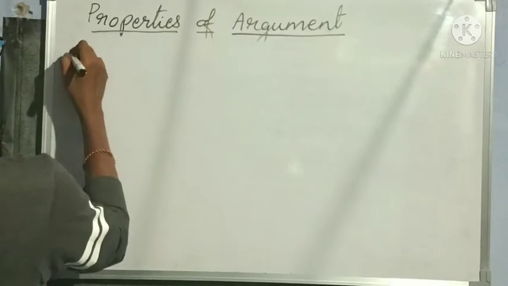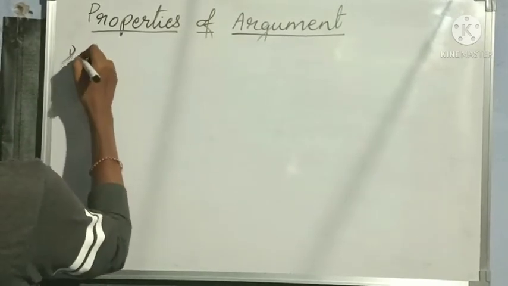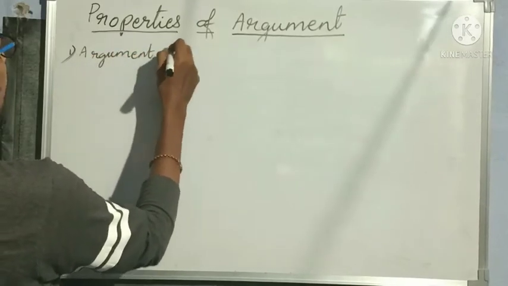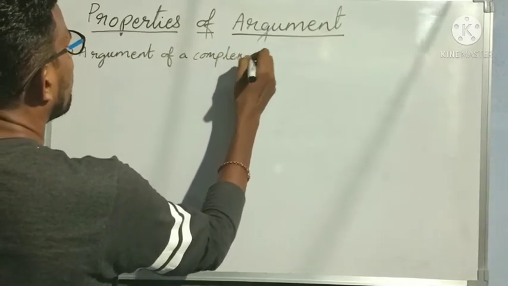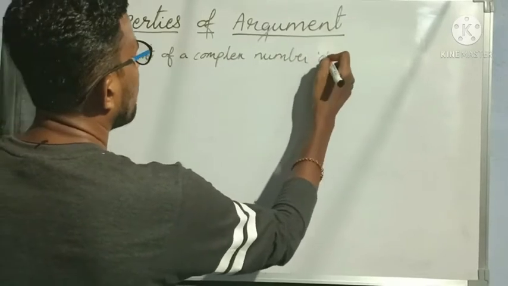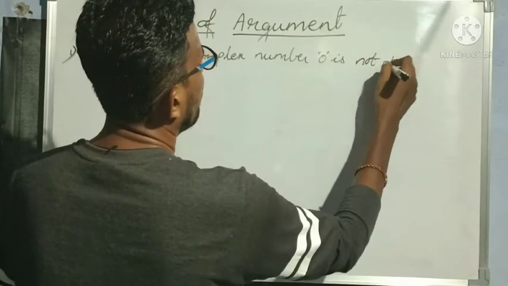So once again I will write all 6 properties. Anyone who wants to note down, note down. So argument of a complex number: 0 is not defined.